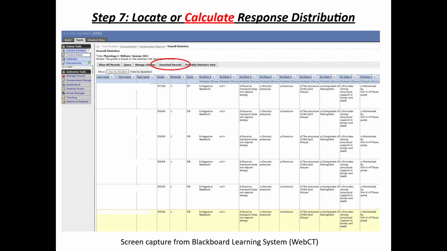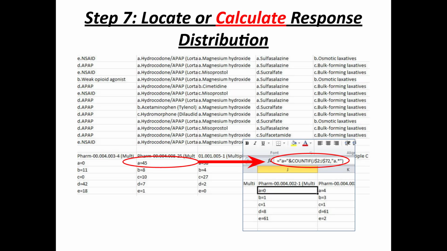If you use Blackboard as your learning management system, as well as some of the other newer ones, you may find that they don't give you the response distribution, and it requires just a little bit of extra work. If you download the records, it will give you a spreadsheet that shows by student what they answered.